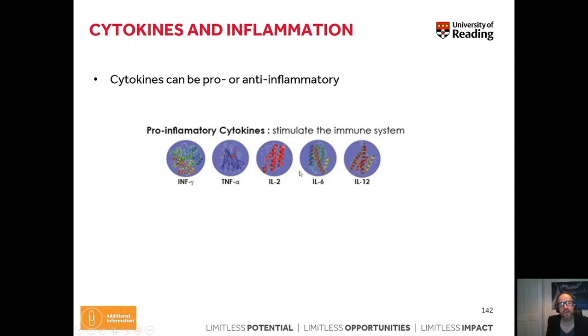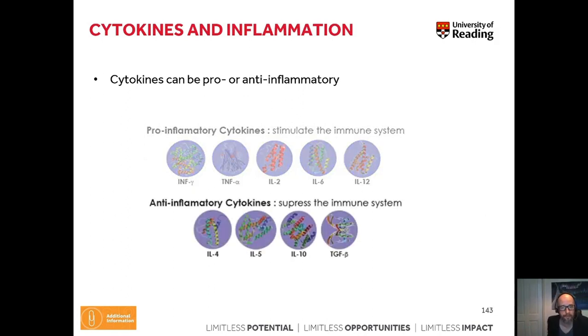This is of course not the full list, and there are many more cytokines that are known to be pro-inflammatory, but you don't need to remember the details. However, keep in mind that the most important one is tumor necrosis factor alpha.